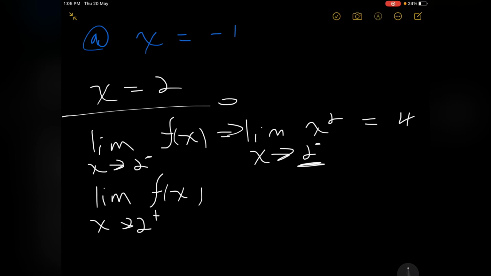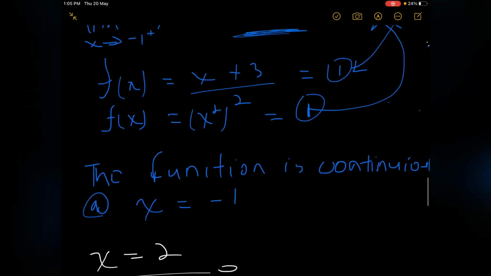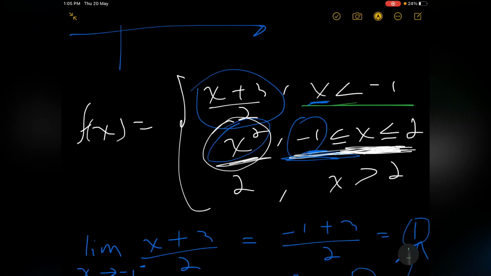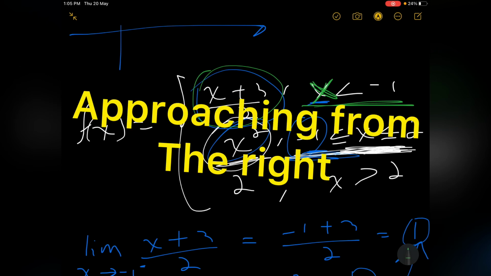Let's look back on our piecewise function to see which function we use for the right. If we look here, we see that this function is for x less than -1. We would use this function if our x value is less than -1. But remember, we want values greater than 2 because we're approaching from 2.